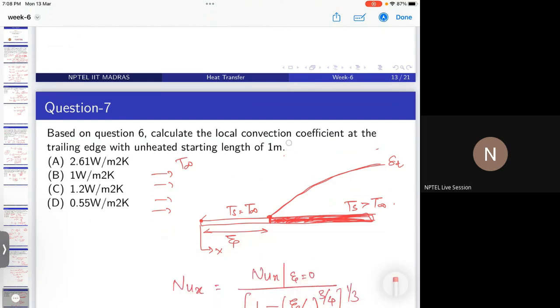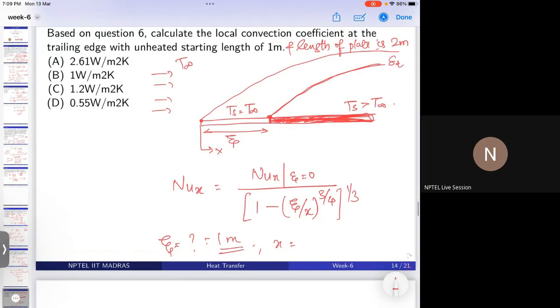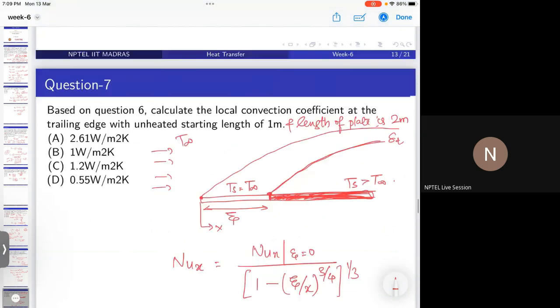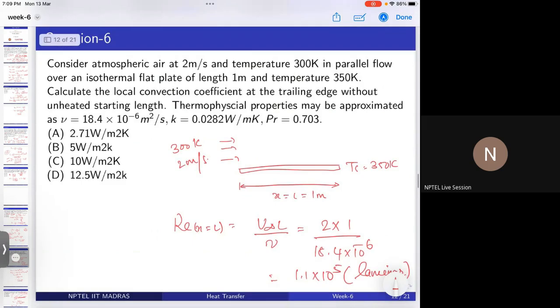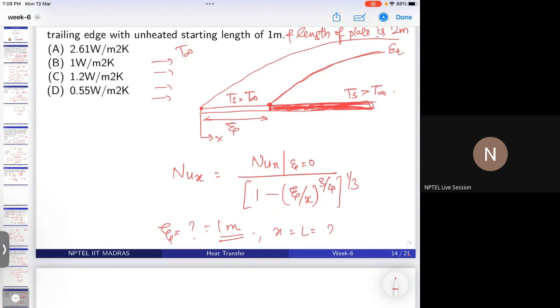Maybe I missed that part to type. Now it's fine. So x is equal to L is equal to 2 meter.